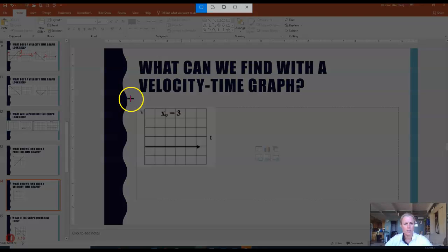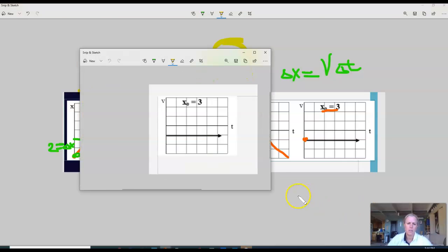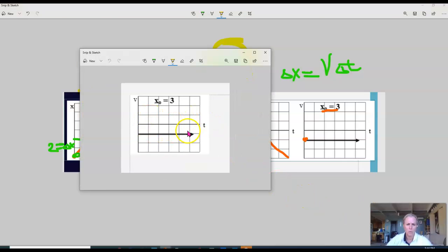So let me see if I can write some of that down. It's weird because this slope is horizontal, 0. What does that mean? That means my change in velocity over my change in time equals 0. So what is a change in velocity over time?